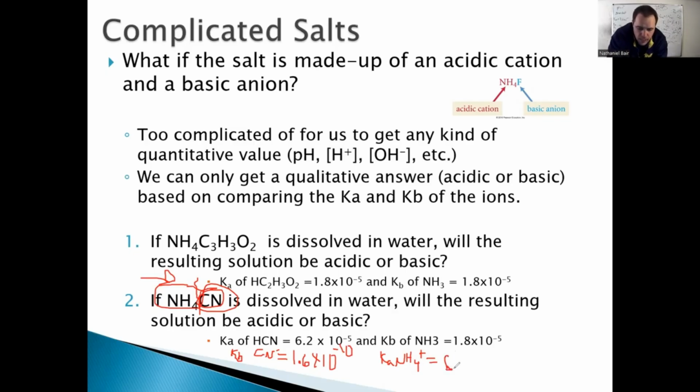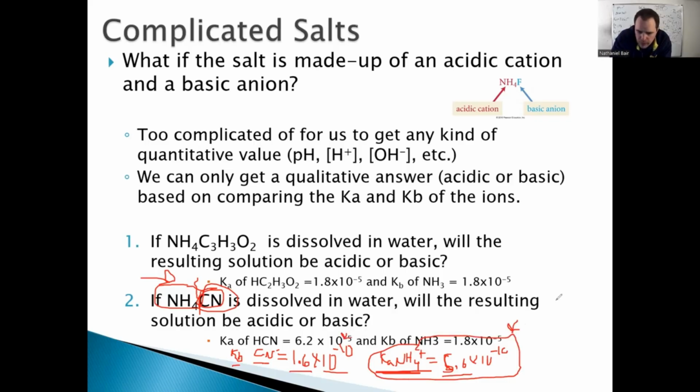That's going to be 5.6 times 10 to the negative 10th. So what do we got here? Well, ammonium is slightly more acidic, 5.6 times 10 to the negative 10th, than cyanide is basic, 1.6 times 10 to the negative 10th. So ammonium is a slightly better acid than cyanide is a base.